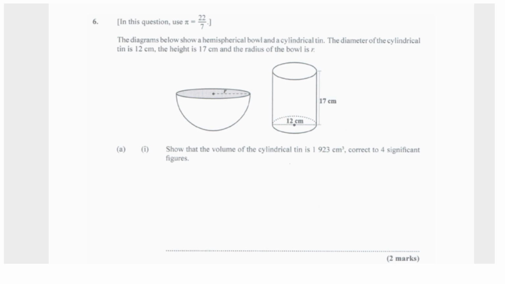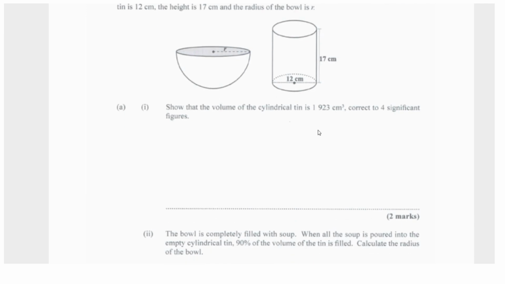So in question 6, you are required to use pi as 22/7. The diagram shows a hemispherical bowl and a cylindrical tin. The diameter of the cylindrical tin is 12 centimeters and the height is 17 centimeters. And the radius of the bowl is r. Show that the volume of the cylinder is 1923 centimeters cubed, correct to 4 significant figures.